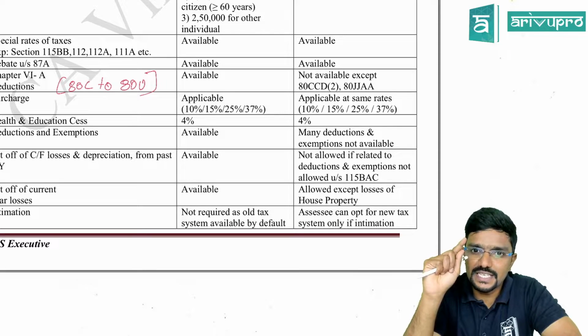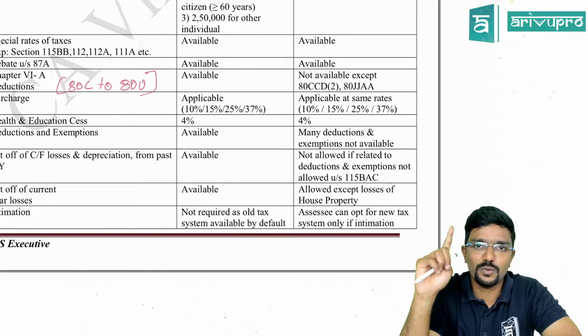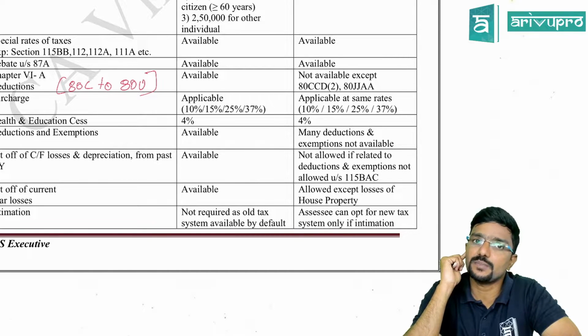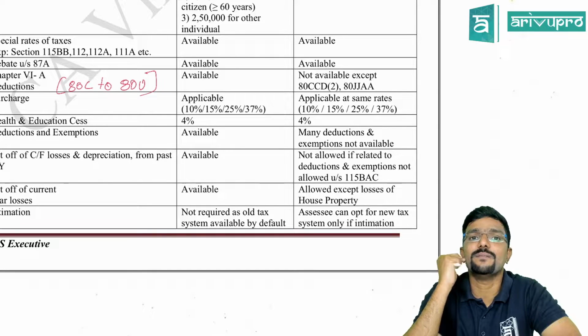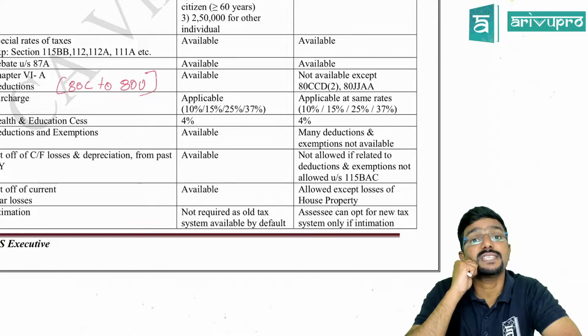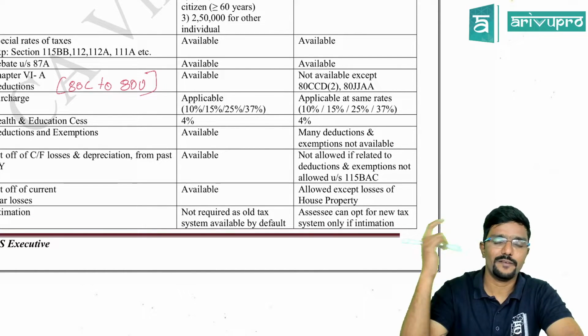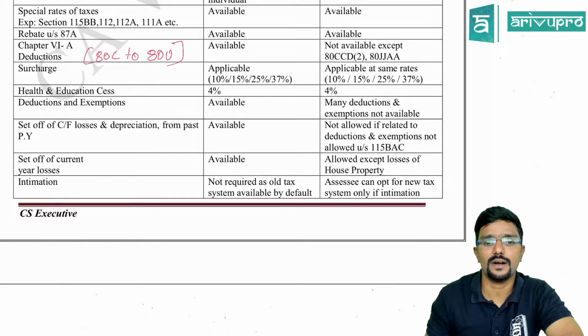Only 80CCD(2), there are three subsections there, but only 80CCD subsection 2 deduction is available, plus 80JJAA. Only these two deductions are available under the new scheme under Chapter 6A. The remaining deductions are not available.